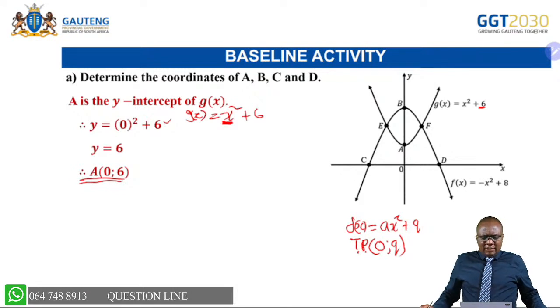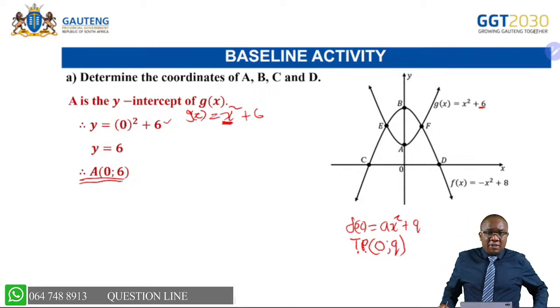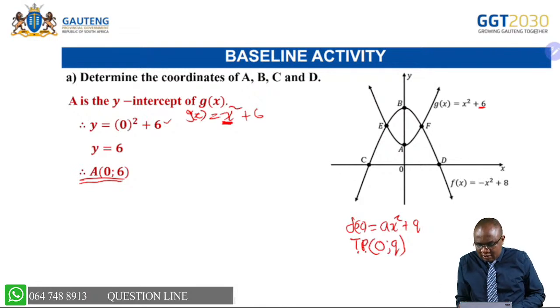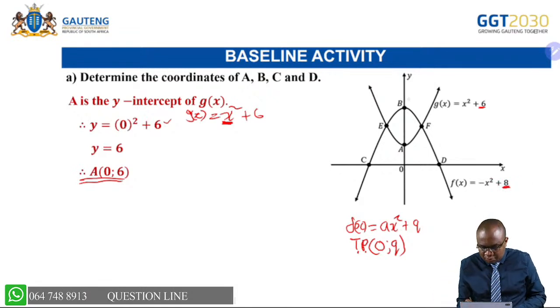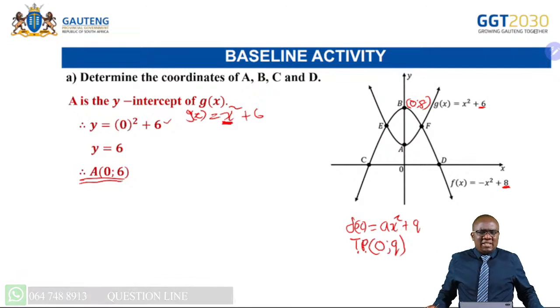Right. Now, did you try B? Same concept. This is our q, so it means the coordinates of B will be 0, 8. Let's treat this B as the y-intercept.